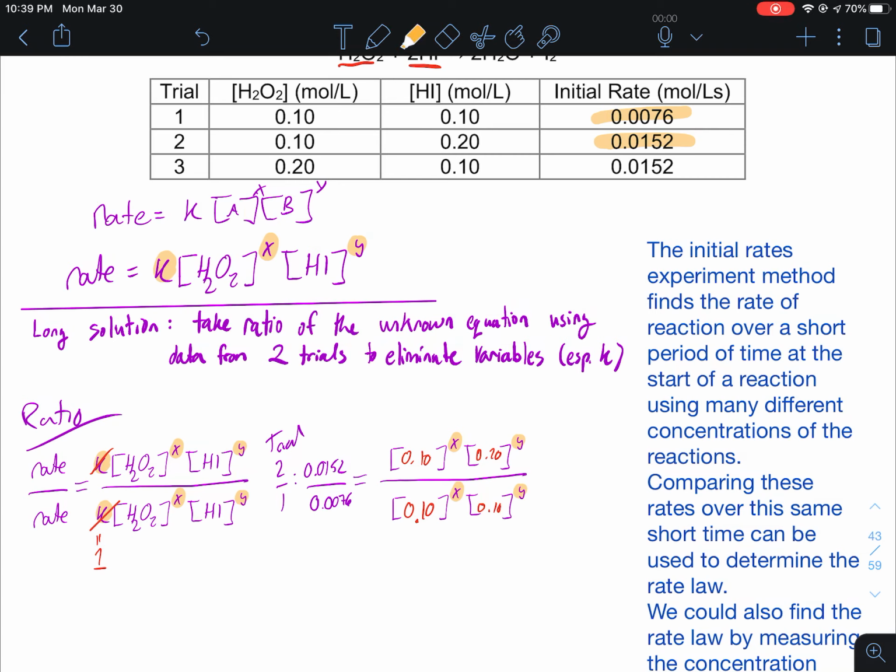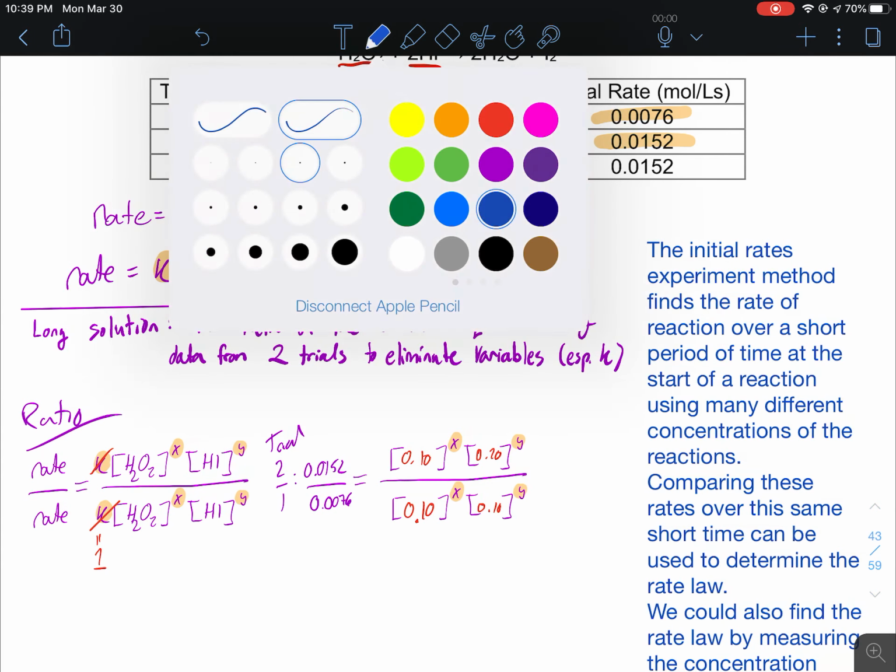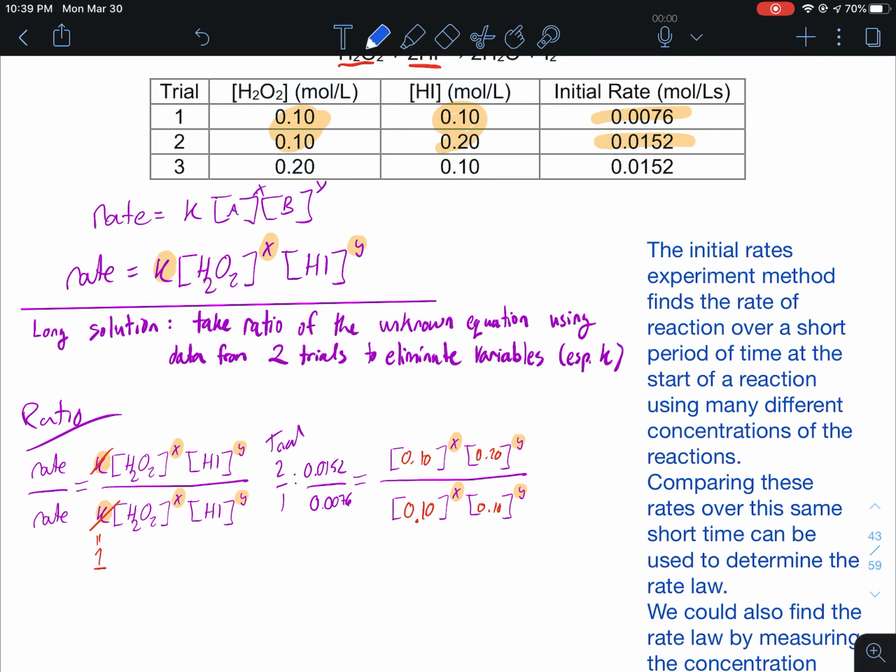These are just the values over here and over here. Same idea as what we did with the k. Here we have 0.1 to the power of x divided by 0.1 to the power of x. Those have the same value, so they negate each other and can be removed from our overall equation. I'm going to now do some division here and get a value of 2 from those.